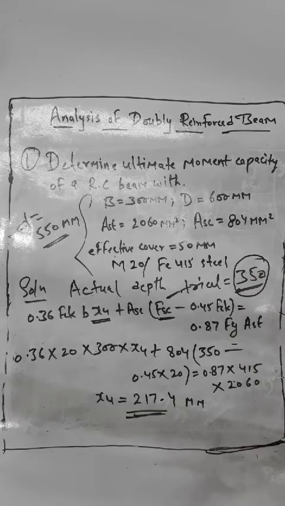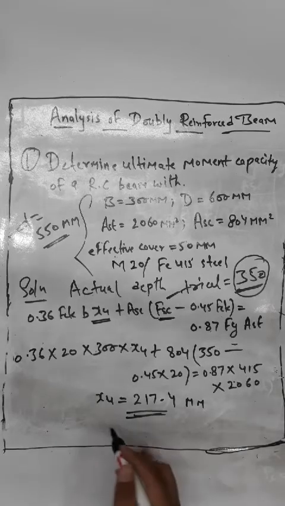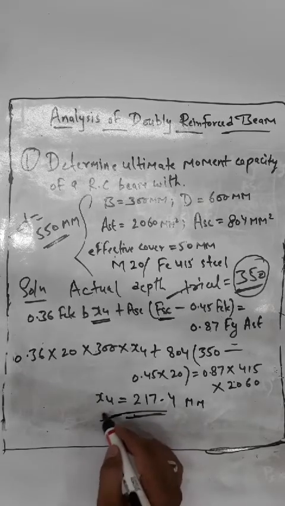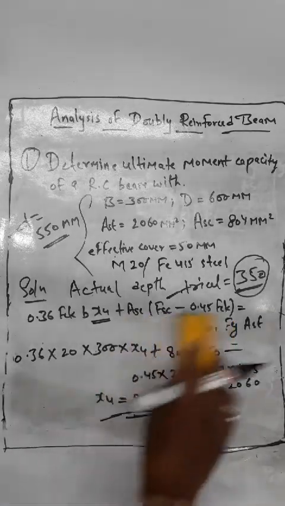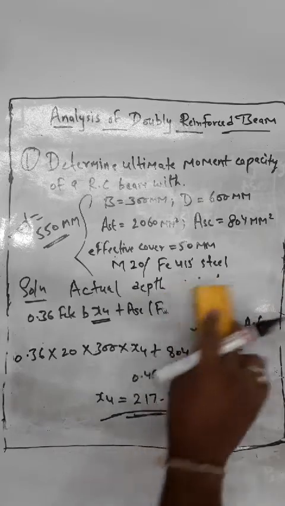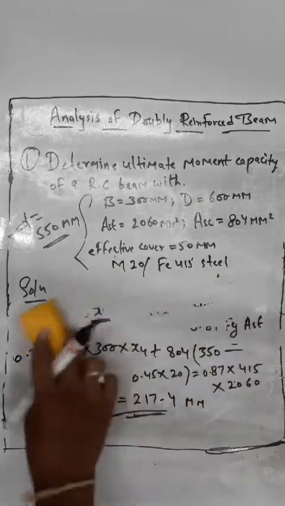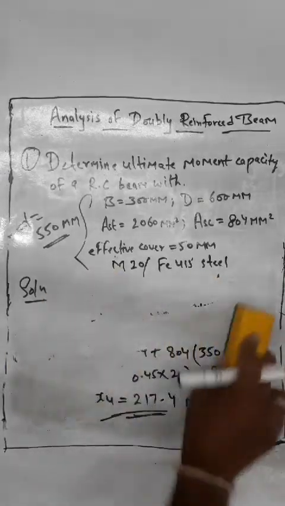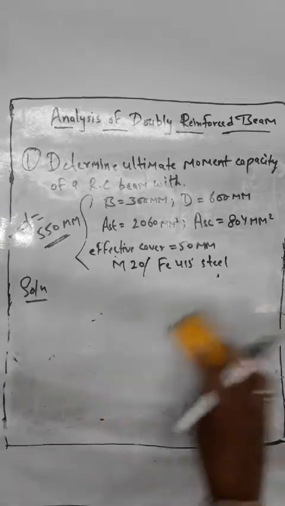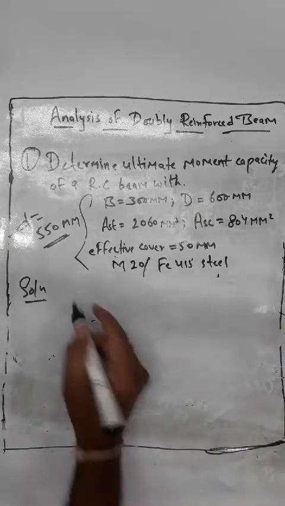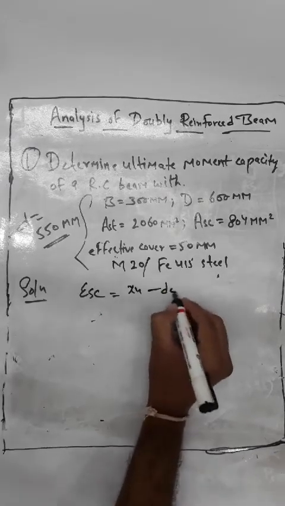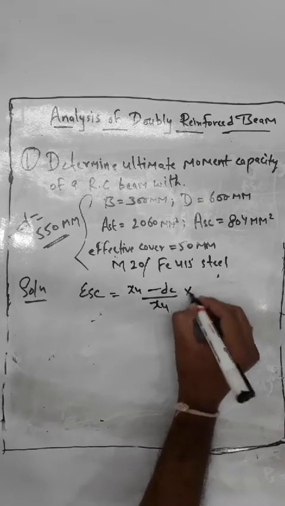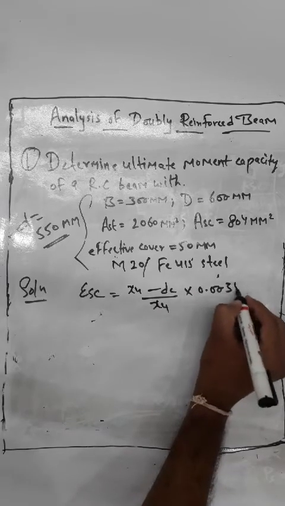Now we have to check whether this value is safe or not. So how do we check this? Here we get the xu value, we have to put this xu value in our equation of strain, that means epsilon sc. So epsilon sc is equal to xu minus dc upon xu into 0.0035.